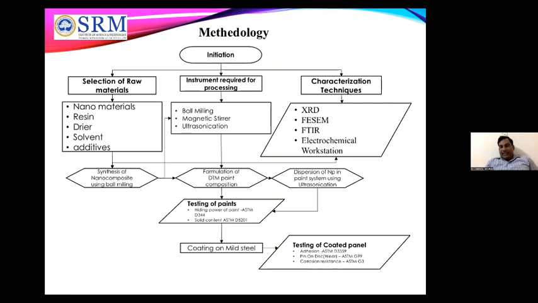For the adhesion test, whatever paint or coating we apply over the surface, we make a crisscross structure and use a pointed nail to check the adhesive force between the paint and the body, whether it peels off or sustains. We perform the adhesion test as per D3359.